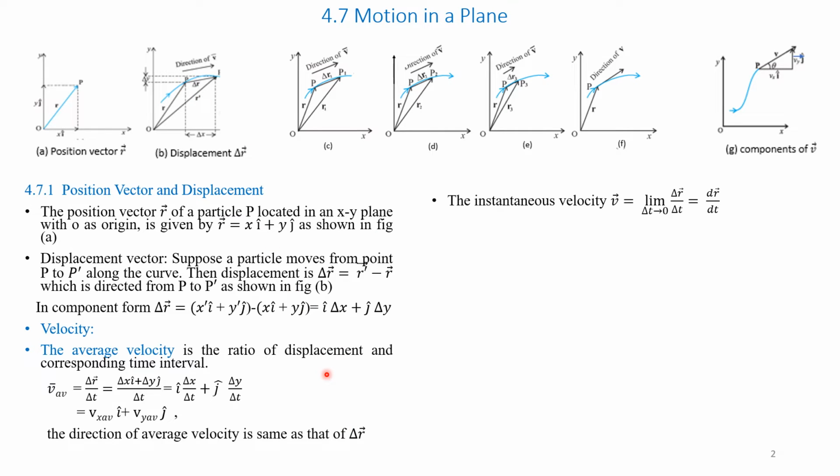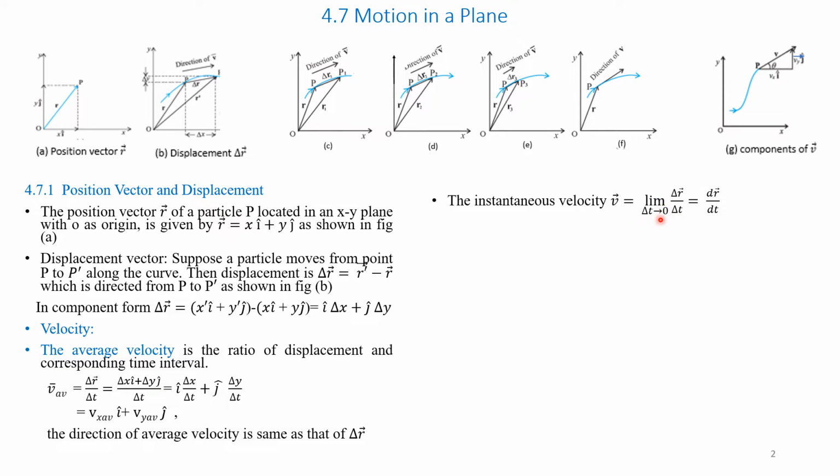The instantaneous velocity, vector v, is defined as the limit of delta t tending to 0 of the average velocity. So we can write instantaneous velocity v as equal to the limit of delta t tending to 0 of delta r by delta t. Delta r by delta t we had defined earlier as the average velocity.